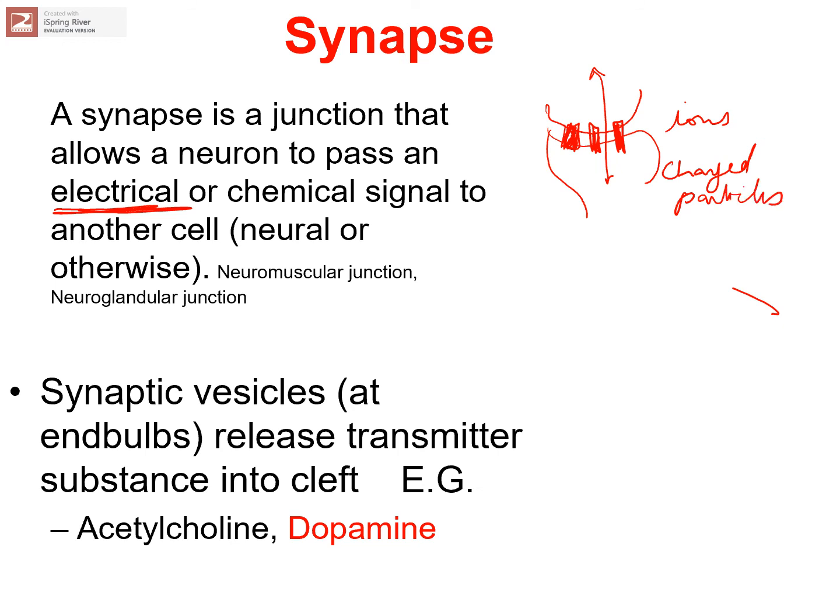Now, synaptic vesicles are the vesicles that contain and release transmitter substances like acetylcholine at the neuromuscular junction, right? We've talked about acetylcholine. Now, acetylcholine is one, and then we have dopamine. Dopamine is the feel-good neurotransmitter. It is another example of a chemical messenger that can carry signal from one neuron to the other.